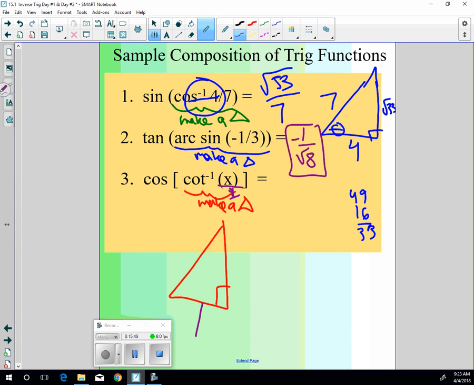So adjacent over opposite looks like that. I'll do that one more time. The tangent would be opposite over adjacent, x over 1. But in this case, cotangent is adjacent x over 1 opposite. And this will be the square root of x squared plus 1. So when I do the cosine of this beast, it's going to be x over what? Square root of x squared plus 1.